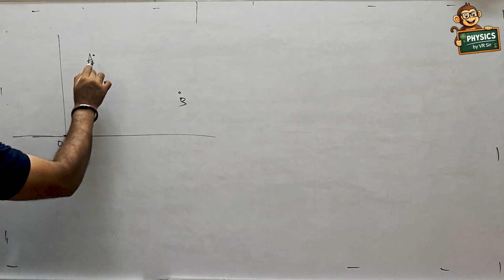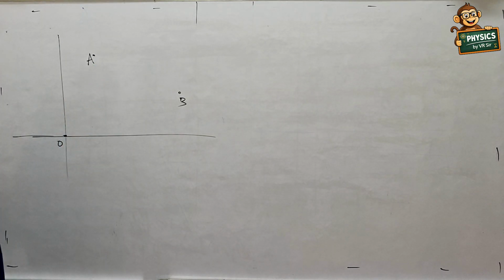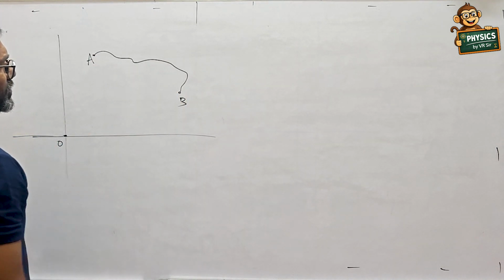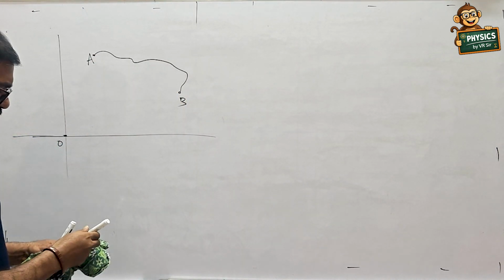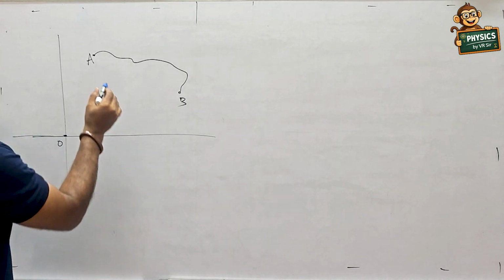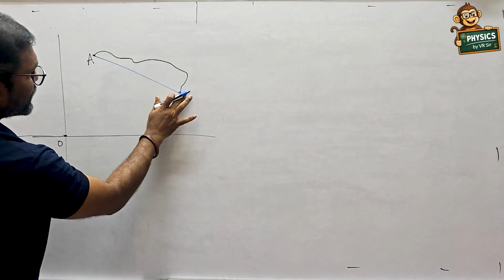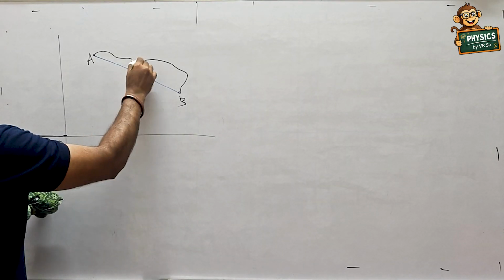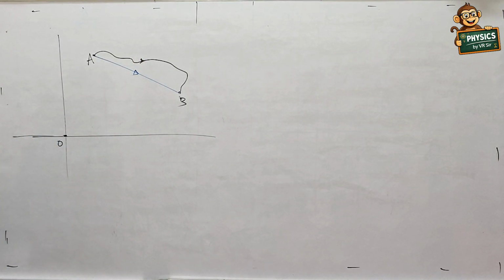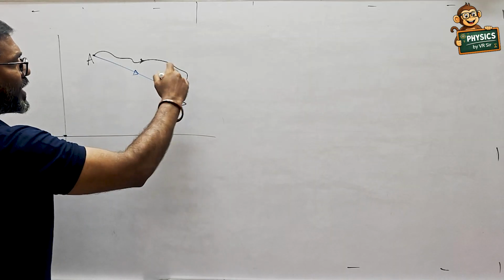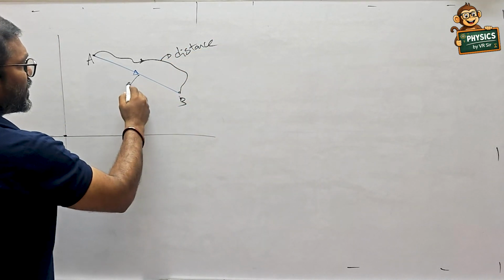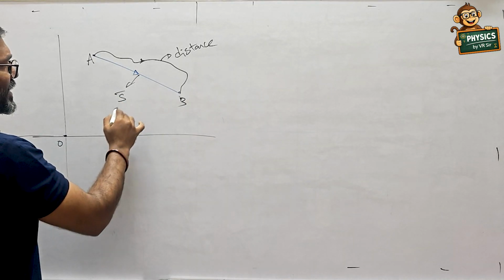Now, an object is moving from A to B. So he is moving like this. And one more way he can move is from A to B like this. Now, in this path, its actual total length you have to calculate, and this we take as distance. And of course, this we take as displacement.